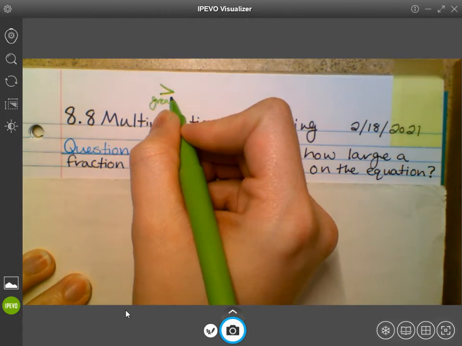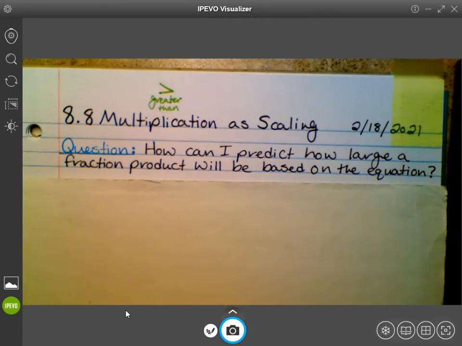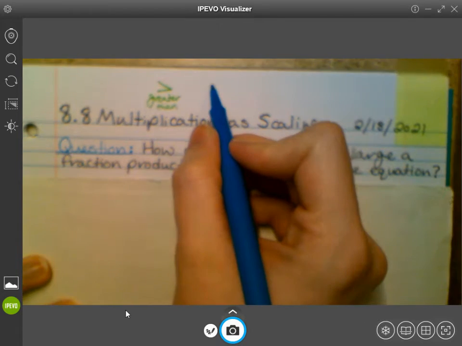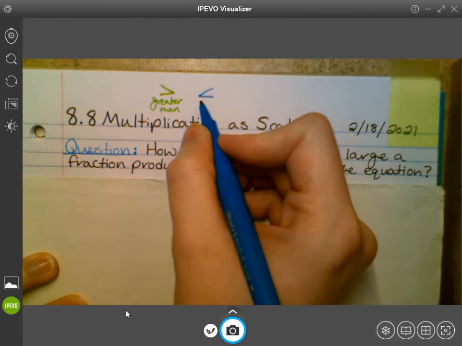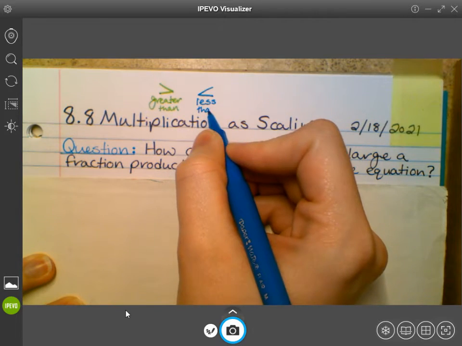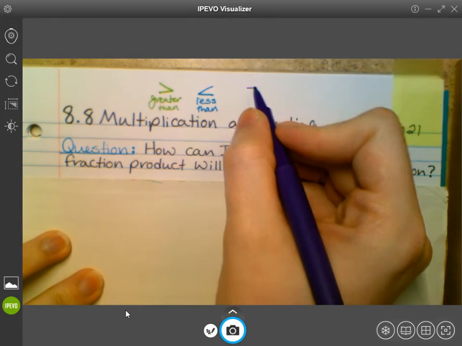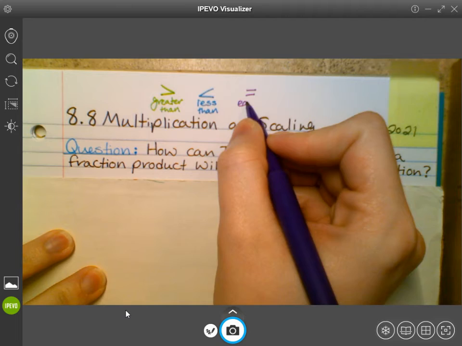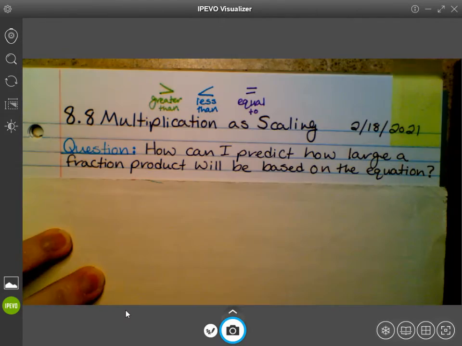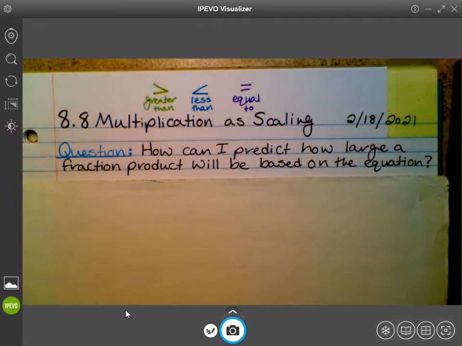Then we have less than, that's the opposite. And then equal to. Greater than, less than, and equal to. Give me a thumbs up when you have those three symbols at the top.